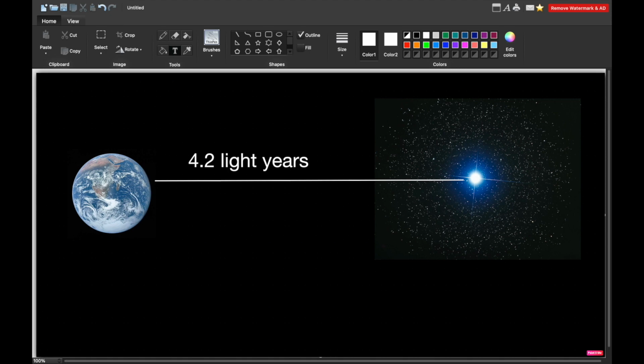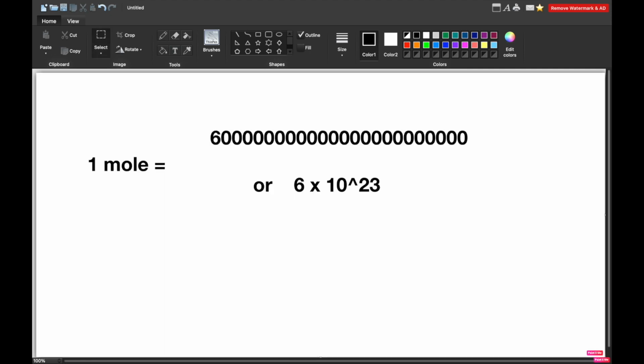This figure is already much easier to deal with. And if we are told that the distance from the Earth to a certain place in the galaxy is 13 light-years, then we immediately understand that this is about 3 times farther than to Alpha Centauri C. In chemistry, 1 mole is chosen as the standard for the amount of a substance. This is much more convenient than using the number 6 times 10 to the power of 23 in every calculation.